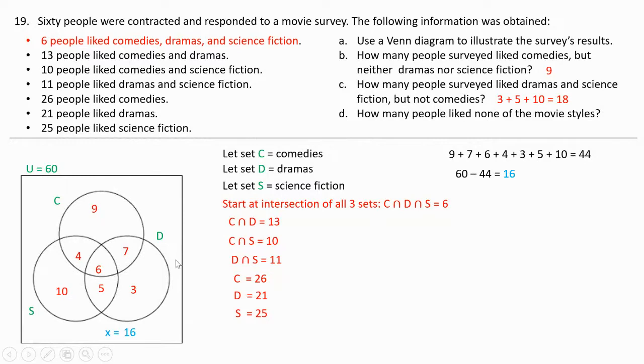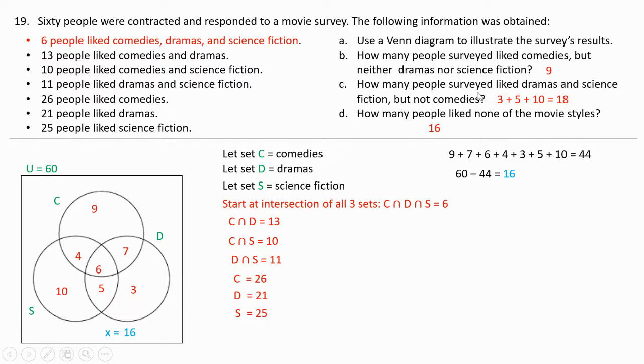So here is going to be 3 plus 5 plus 10. So this is going to be my answer, guys. My answer is going to be 18, because we're going to add 3 plus 5 plus 10. These people like dramas and science fiction, but not comedies. So not this part here. Not this part here. So the answer will be 10 plus 5 plus 3.